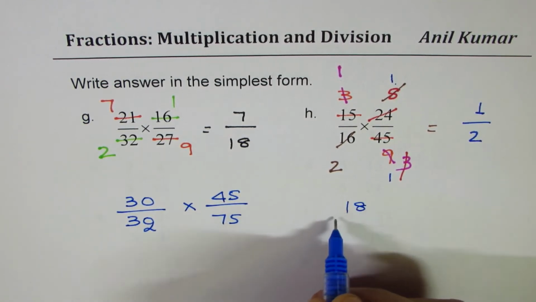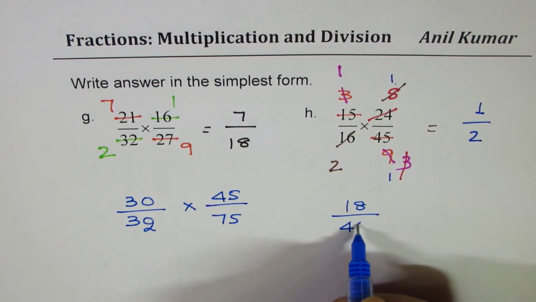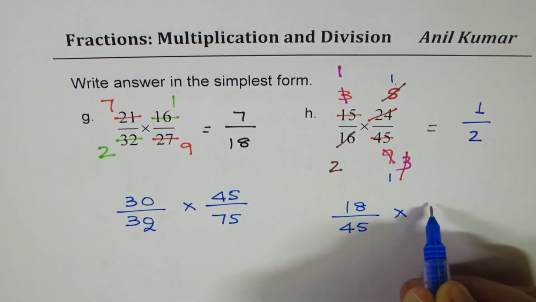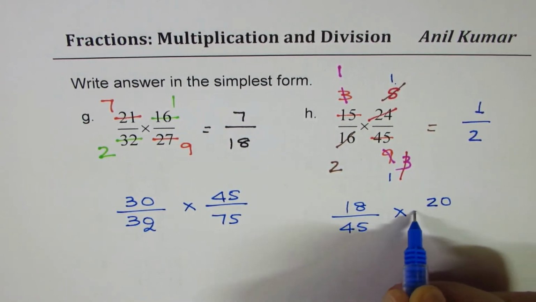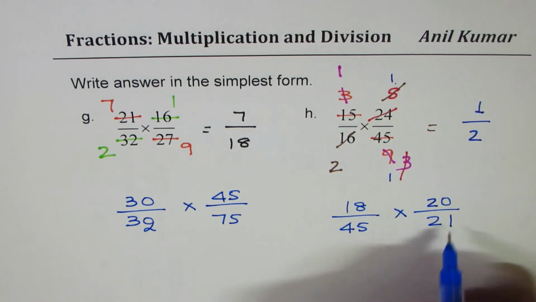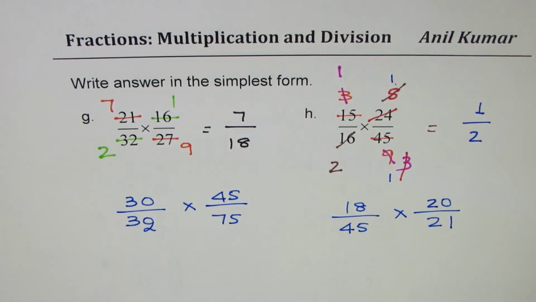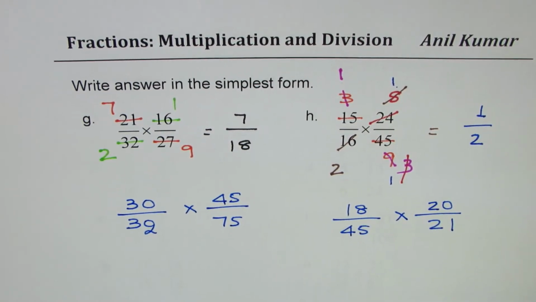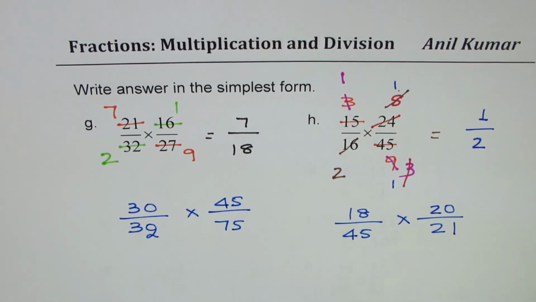Let us say we have 18 over 45 times 20 over 21. Correct? So practice solving or simplifying the result of multiplication. So I hope that gives you a good overview of how to multiply fractions. And now we'll take a few examples of dividing fractions.